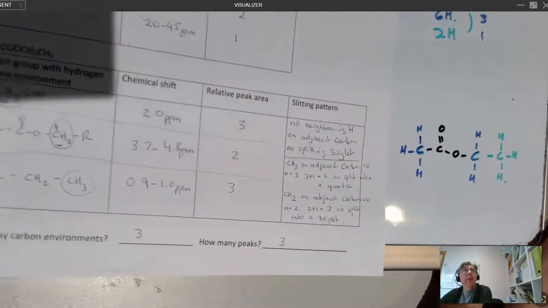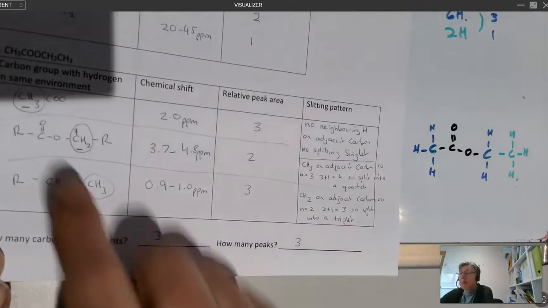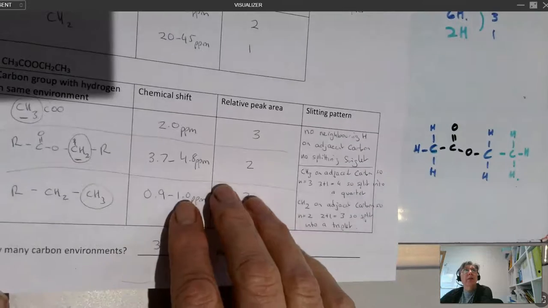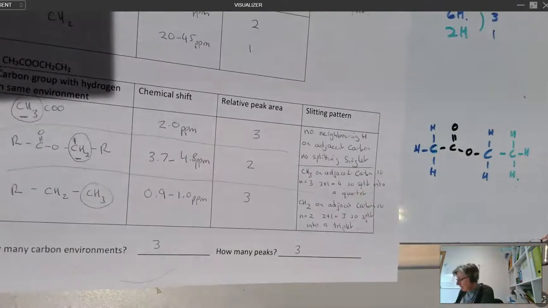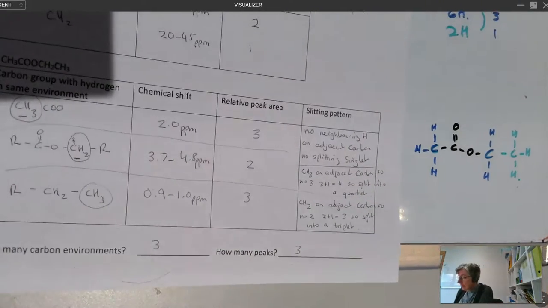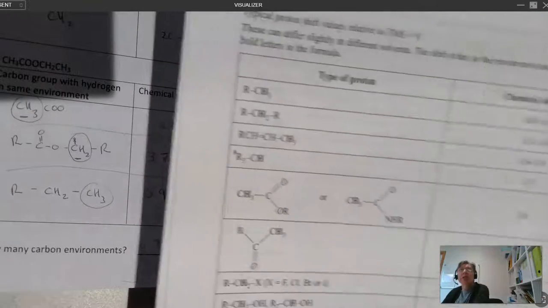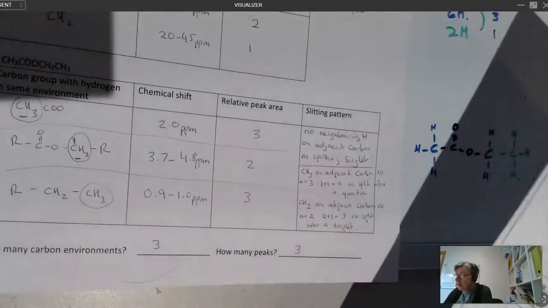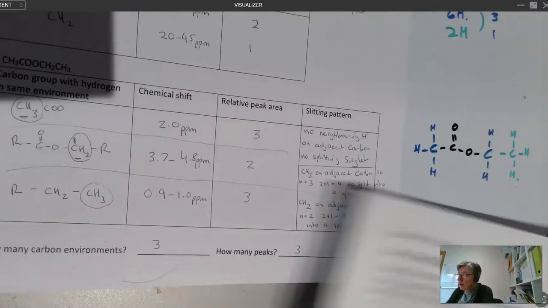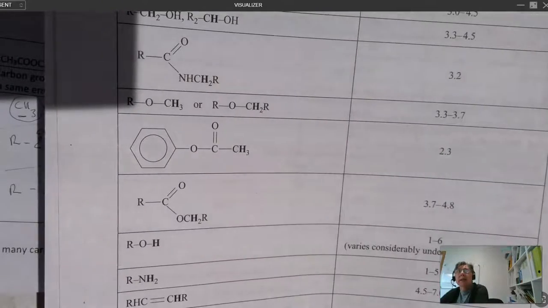So if we want to identify them, we can put what it's attached to. So we're looking at this CH3. If you look up your data booklet, a CH3 that's attached to an ester bond is around 2. And this CH2 here, when we look it up, we get the CH2 is around 3.7 to 4.8.